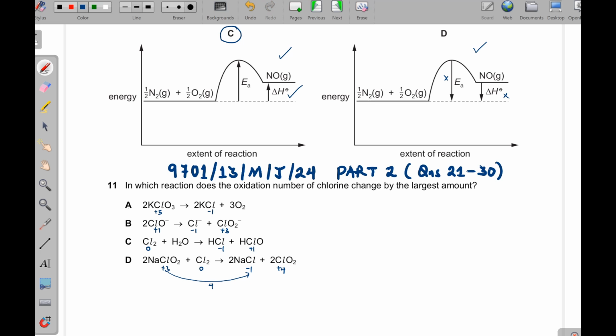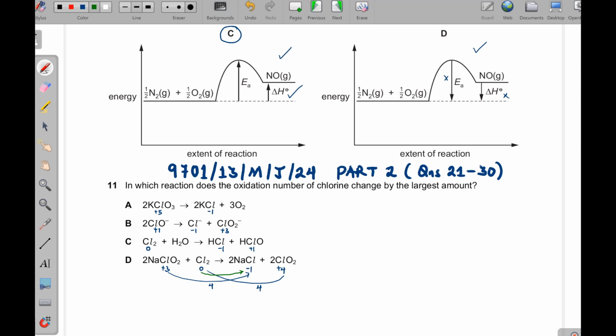So the change is a 4. Even here, I can say the change is a 4. You see that? Or actually here, I can also say that this 0 is changing to a -1, not so?